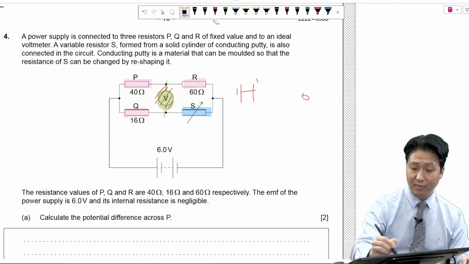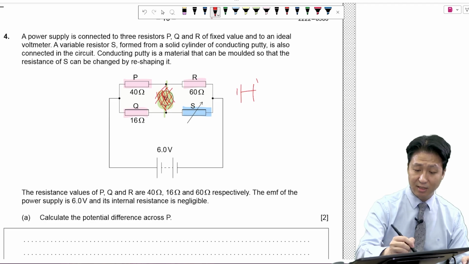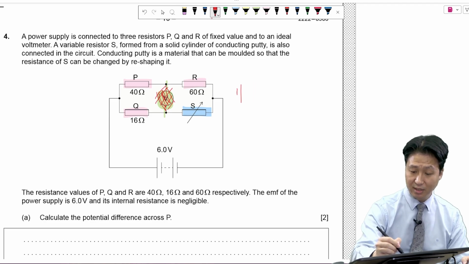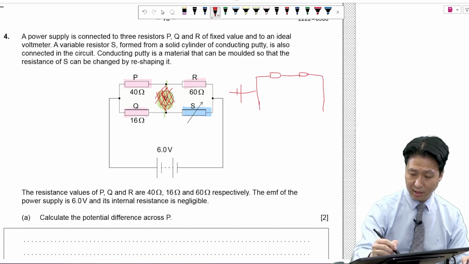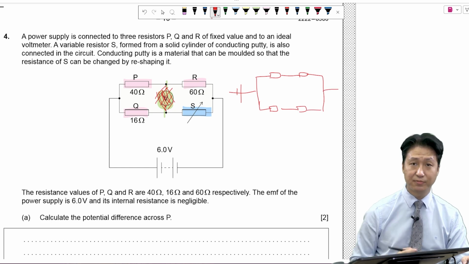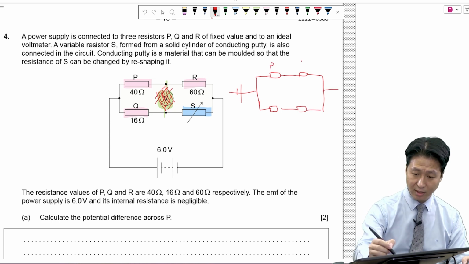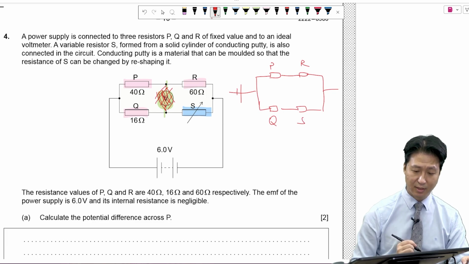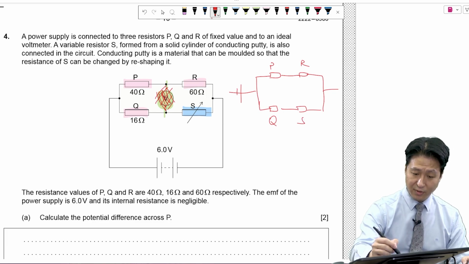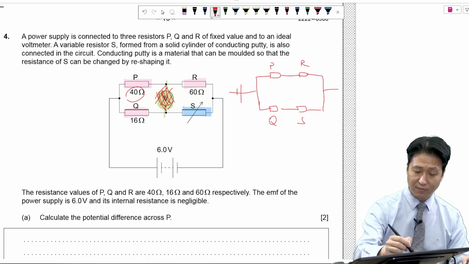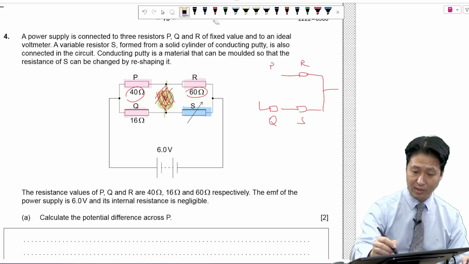What actually happens is, if you imagine that this path in the middle does not exist, you can imagine it as just being 1 parallel circuit with 2 resistors in the top side and 2 resistors in the bottom side. Like so. P, R, Q, and S. The resistance of P is 40 ohms. The resistance of R is 60 ohms. So let's erase this.